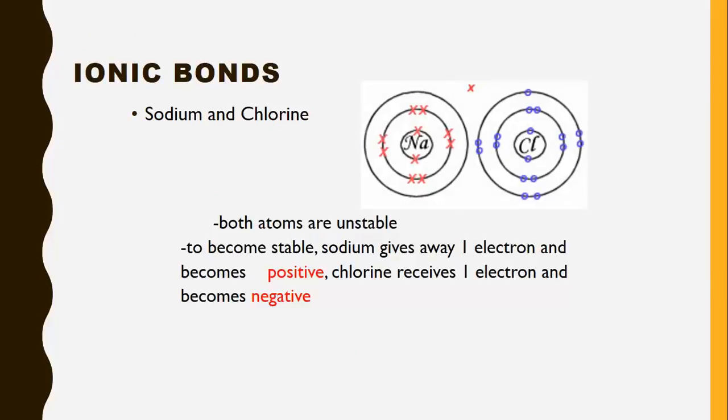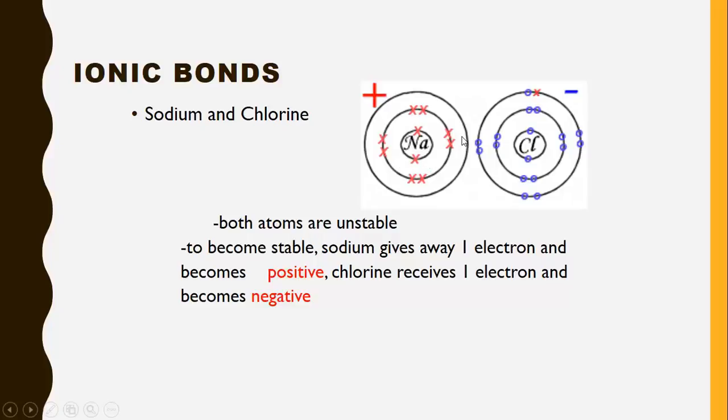Let's look at sodium and calcium. Ionic bonds occur between nonpolar and metal elements. This chloride ion is your nonpolar, and the sodium Na is your metal.